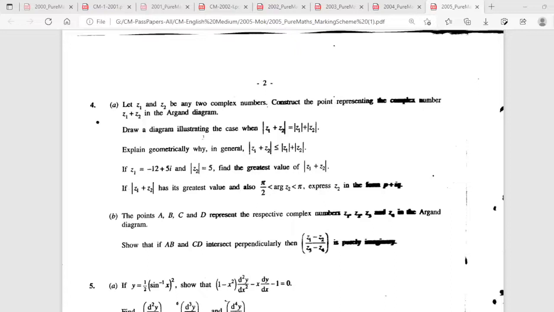If C1 plus C2 has its greatest value and also pi by 2 is less than arg C2, which is less than pi, express C2 in the form p plus i q. If greatest, there are two positions.